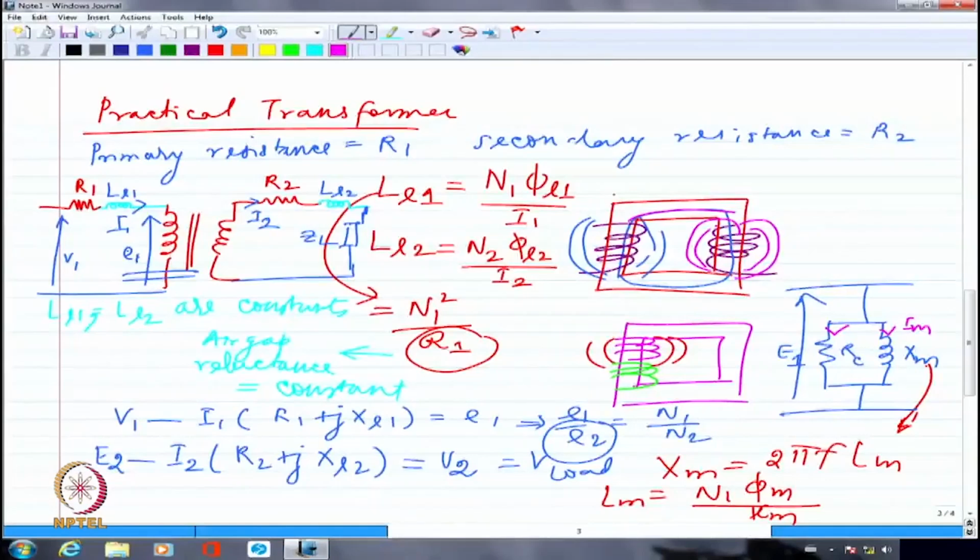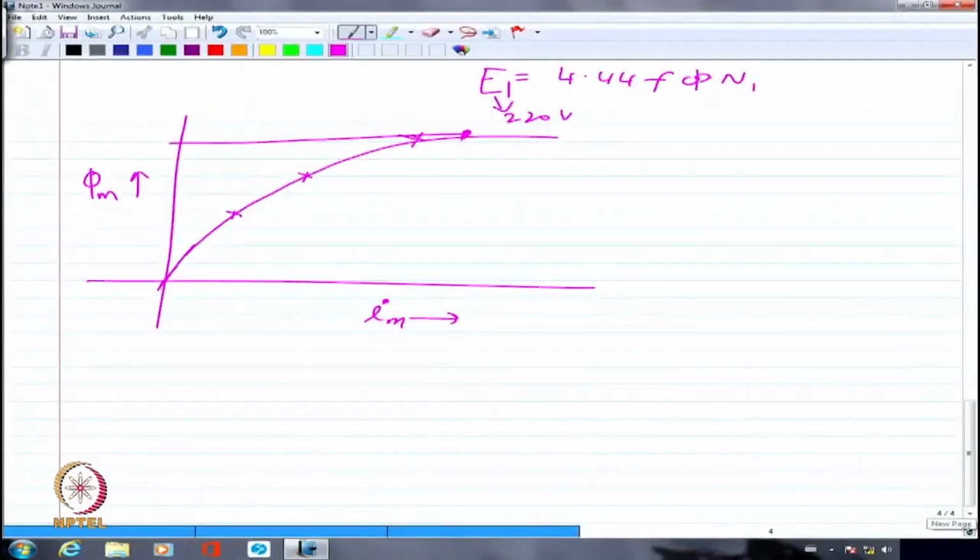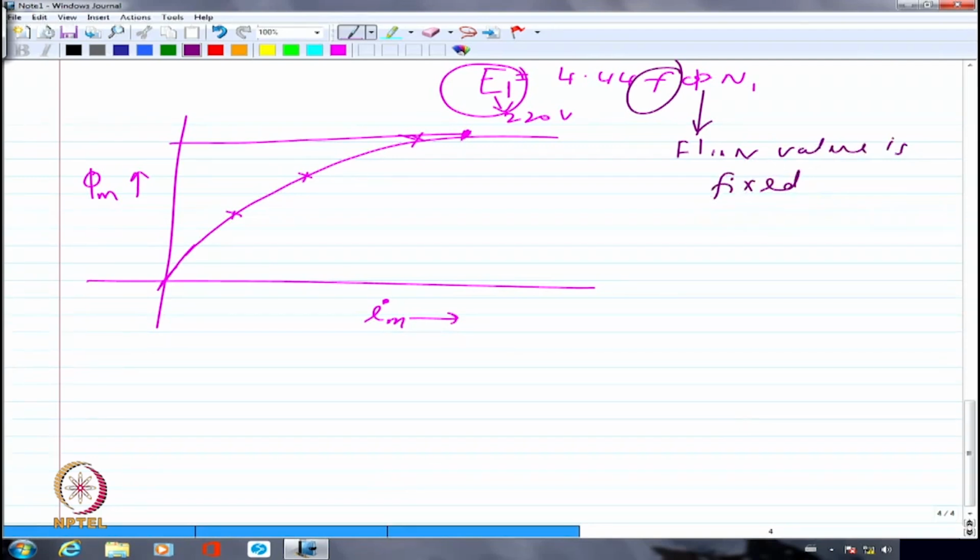Okay. So we said that the voltage rating of a transformer is fixed, and similarly the frequency of a transformer is fixed. So this flux value is fixed. I would say, rather than saying the flux value is fixed, the nominal flux value is fixed, because we say nominal voltage is this, nominal frequency is this, and nominal flux value is fixed.